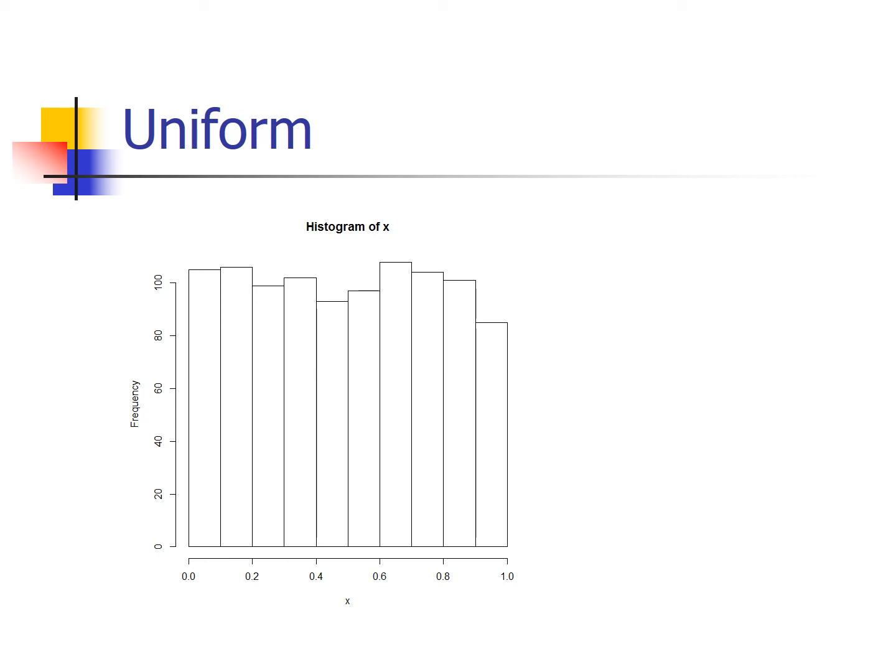We'd probably expect it to have a uniform shape. I forget how many times I said I rolled it. What, 600 times? So I would expect roughly 100 ones and roughly 100 twos and roughly 100 threes. Now in reality I'd probably get something like 110 ones and maybe 94 twos, but they're going to be close to one another. And so their overall histogram would have this uniform shape to it.